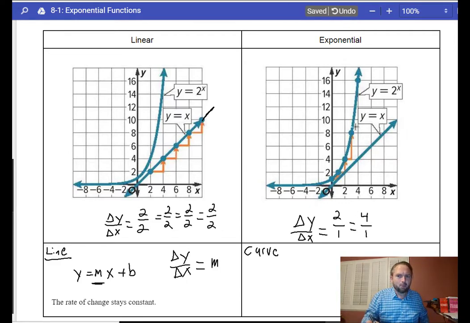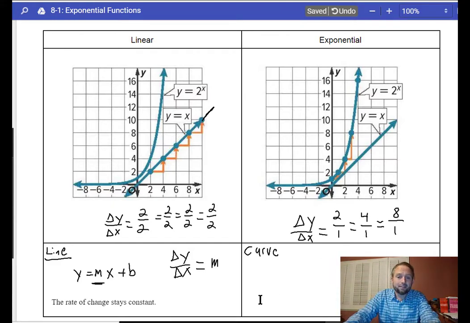At this moment, we can understand that this is not changing at a constant rate. We can tell that from a graph just by looking at it if it curves. If it curves, it will not have a constant rate of change. The only way it has a constant rate of change is when it looks like a line.